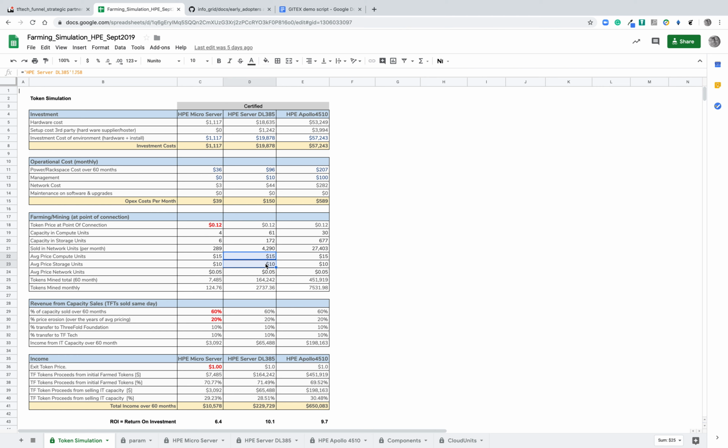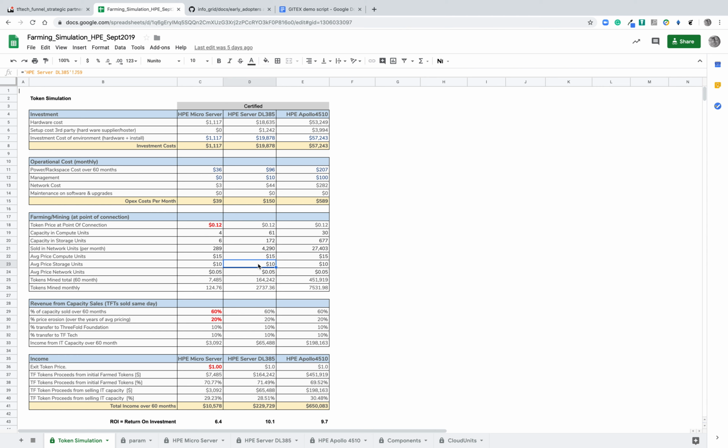So the full sales potential is very simply the number of compute units times the average compute unit price worldwide, plus the number of storage units times the average price worldwide for a storage unit. That's the sales capacity value that you have inside your box.